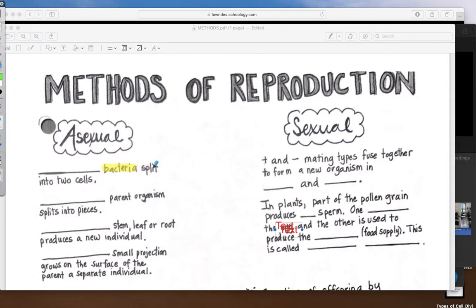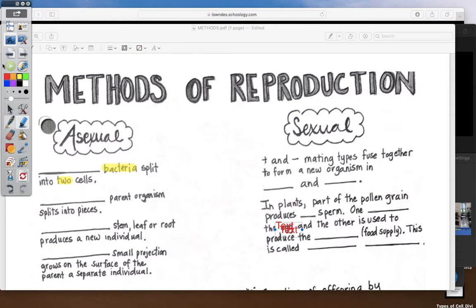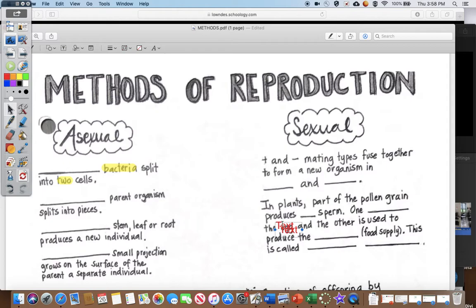They split into two cells, okay, and so this would be binary fission. All right, so that's what you're going to put in that blank right there. All right, and then bi, think of two cells, and then fission, that means to split, not fusion. Fusion means to come together, but fission means to split.